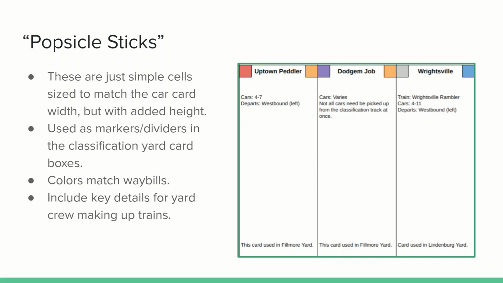Another tool that I use these spreadsheets to print out is what I call popsicle sticks. So these are taller cards, again printed on stiff paper, and you'll have them in your yard areas, in those boxes for the yard areas, to help separate trains.